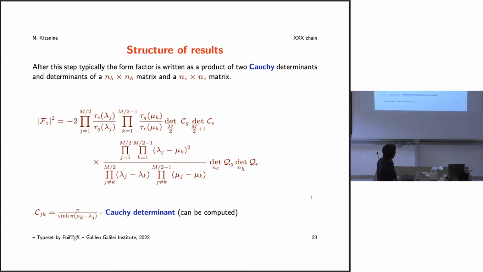And otherwise, it's a product of well-known quantities you can express in the thermodynamic limit just in terms of the density of roots. So all these prefactors can be computed in the thermodynamic limit, and what remains is just a finite size determinant. So this is the main idea.